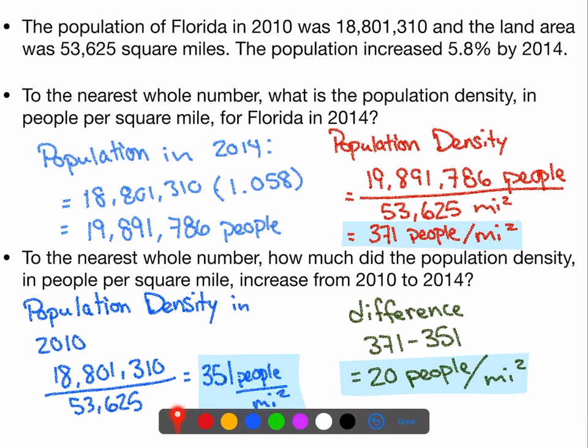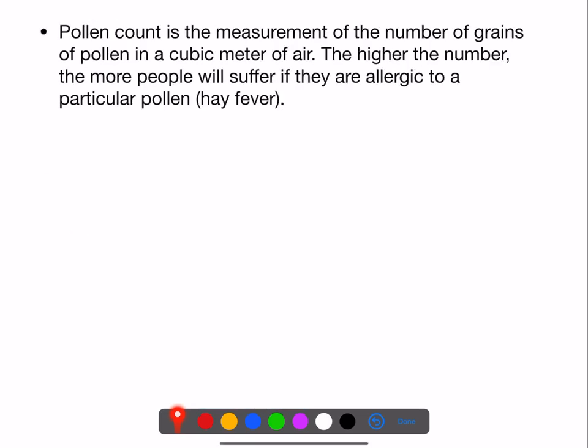Now, let's go ahead and talk about population density in terms of pollen count. So pollen count is the measurement of the number of grains of pollen in a cubic meter of air. The higher the number, the more people will suffer if they are allergic to a particular pollen, which is hay fever. So for instance, I was at a plant nursery. My dad works at a plant nursery.